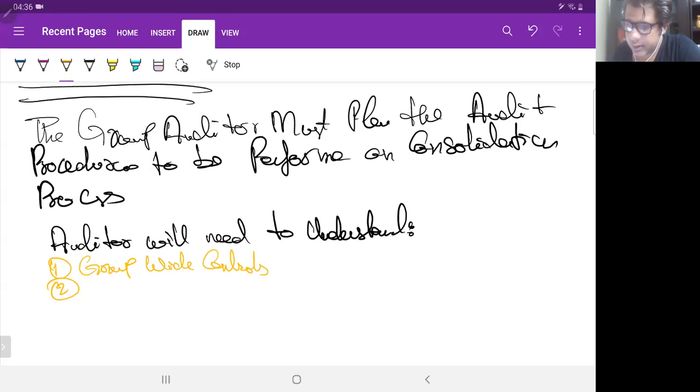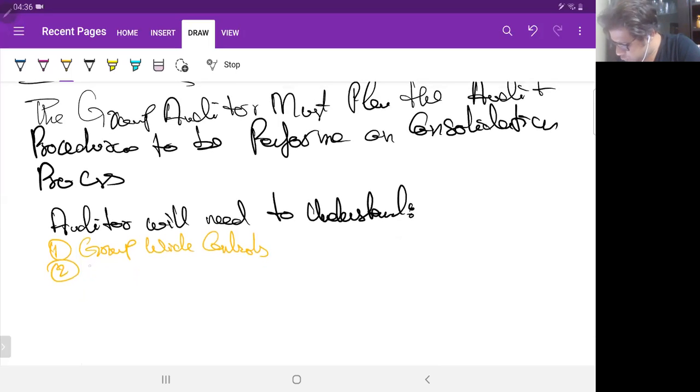For example, instructions issued to components by the management.